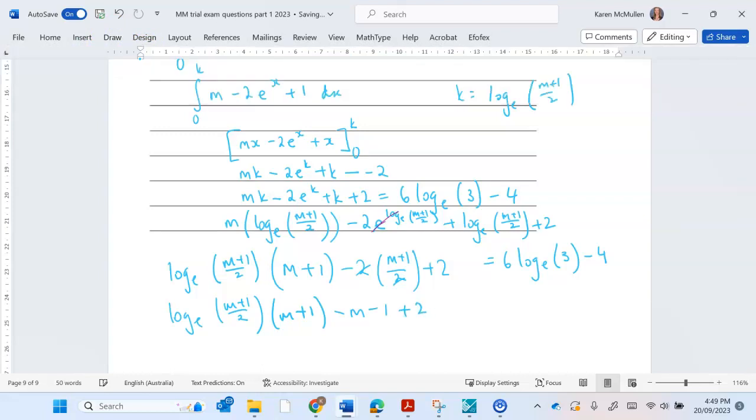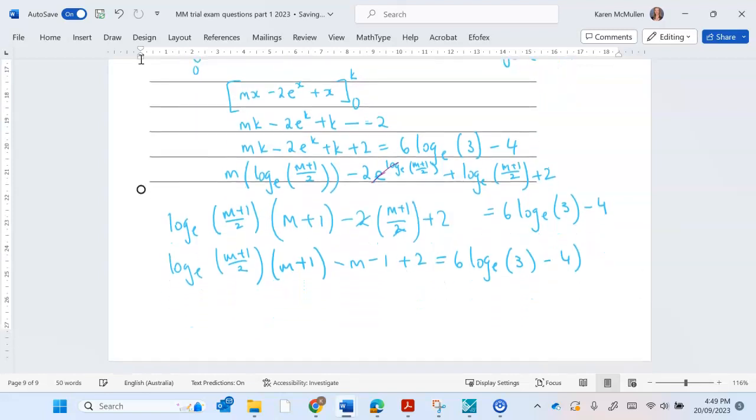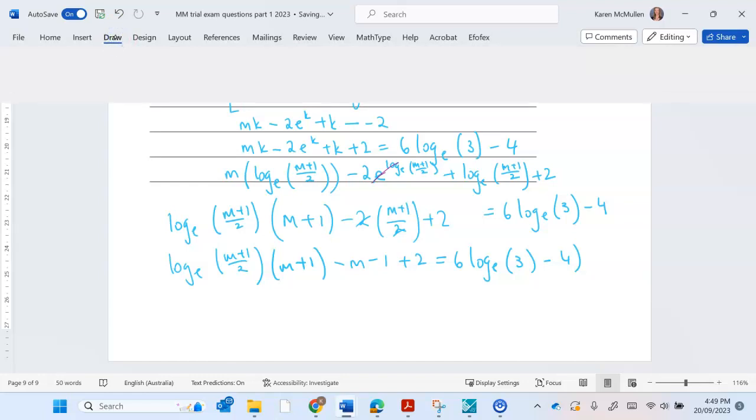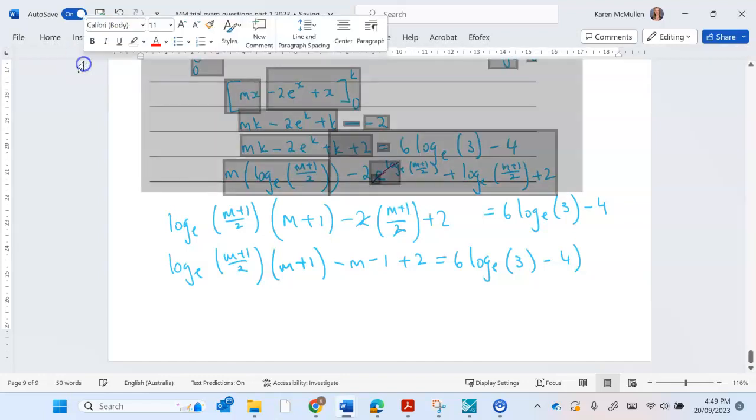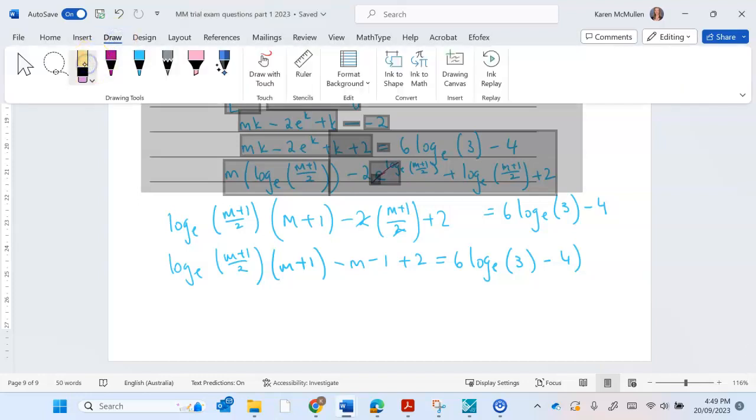Plus 2 on the end is equal to 6 log e 3 minus 4. Okay, so let's try to make the left side look like the right-hand side. We've got to solve for m basically.